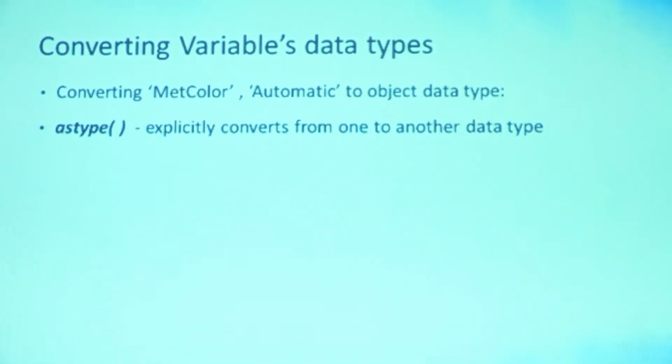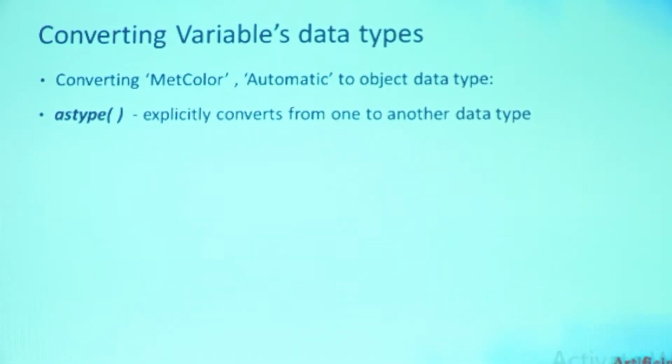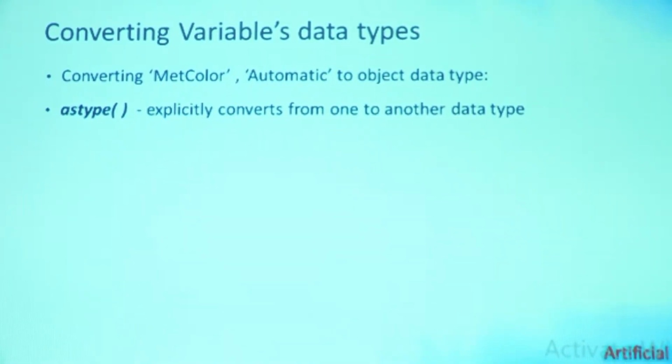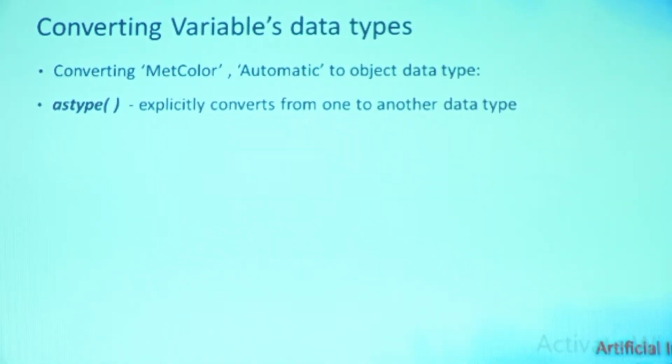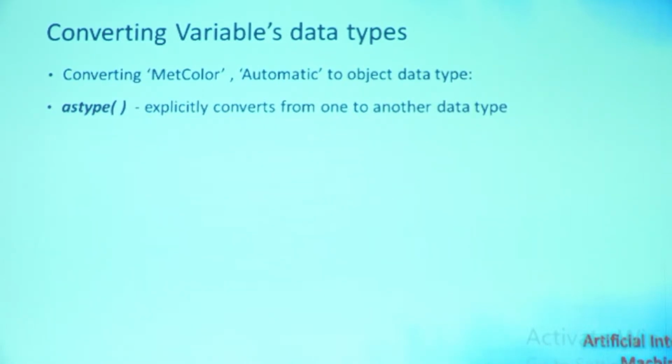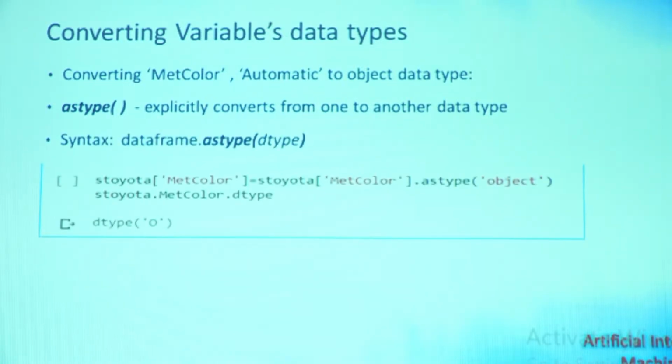Met color and automatic. I told you that I'll get back to you on this, right? So met color and automatic, I'm trying to convert them to object data type. So we use the astype function for type conversion, and we use this in NumPy also. I'll be using this to convert from one data type to another. That's the syntax. And I am now changing met color and automatic.